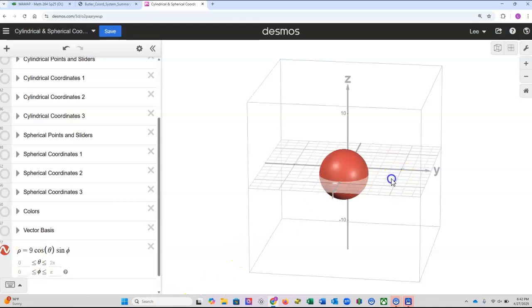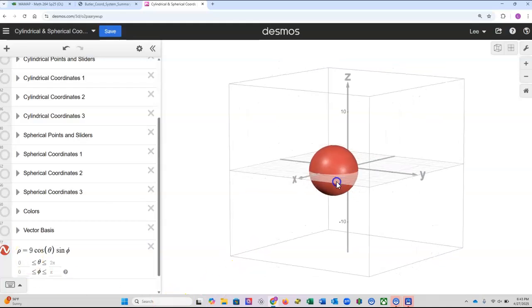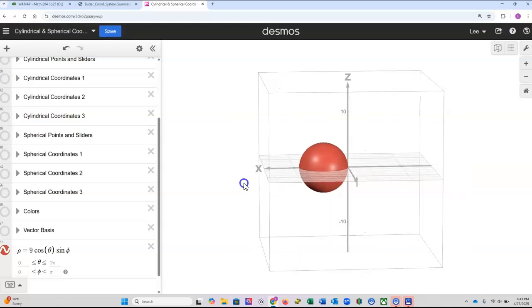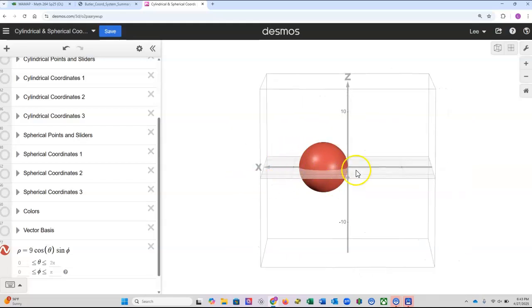So this is a sphere of radius 3. It's not centered at the origin, it's kind of over here. And you might think, huh, why is that? Well, if you go back and convert to some of your other coordinate systems, you might see that's the shifted sphere equation if I convert back to x, y's, and z's.